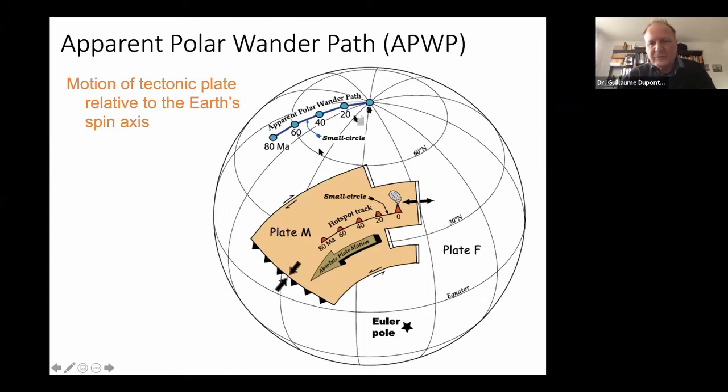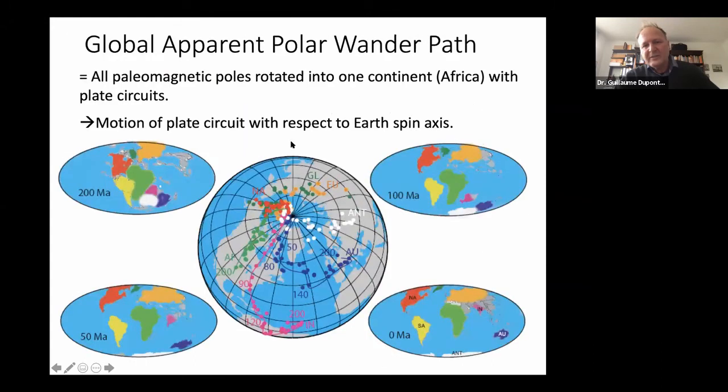So the way the north pole seems to be moving is actually the motion of the plate, this apparent polar wander path. This is shown on this figure, where you see all the different paths from the different continents.